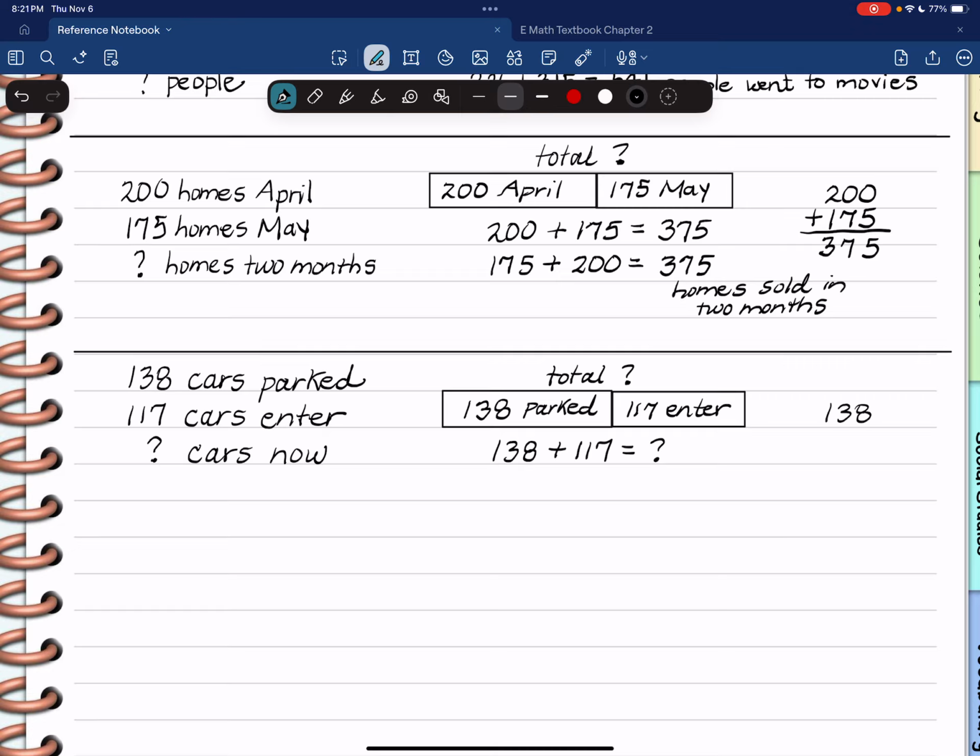138, 117 is 15, carry 1, 3, 4, 5, and 2. So my finished equation is 138 plus 117 equals 255 cars now.